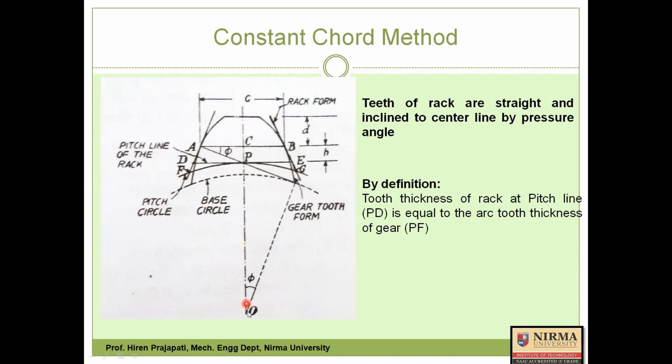O indicates the center of the involute gear, and this line stands for the flank of the rack. This line is considered as the rack form. If you consider the angle between this center line and the rack form, or flank of the rack, then this angle is equal to the pressure angle.